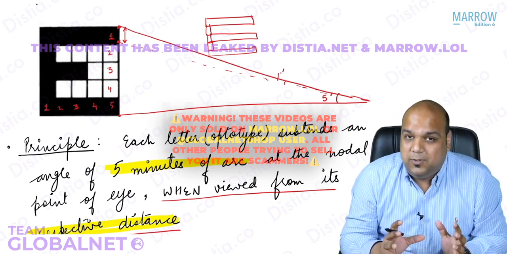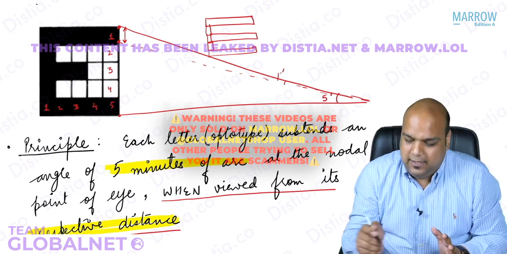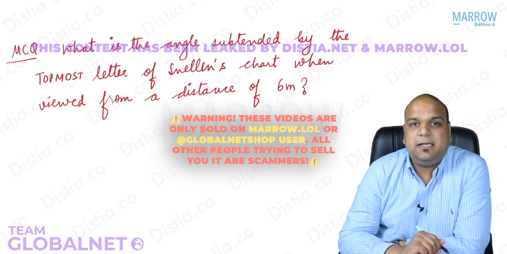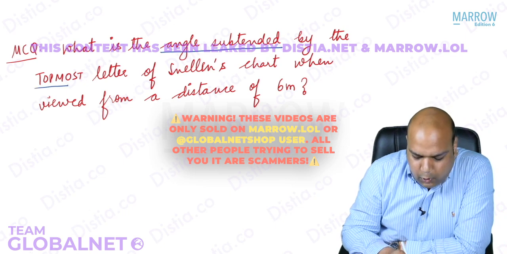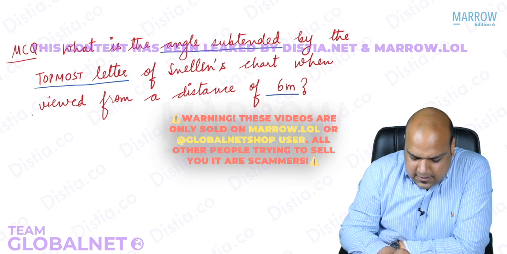So I hope you have been able to understand the construction of the letter and the principle. Yes? If you have been able to understand that, then let's understand this question, everybody. This question was asked in AIIMS previously. What is the angle subtended by the topmost letter when viewed from 6 meters?